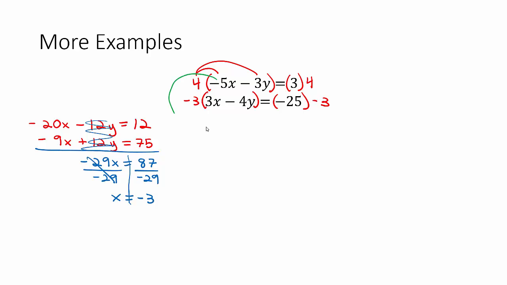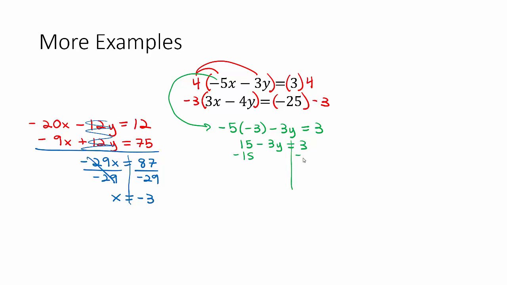I'm going to use the one with the smaller numbers just because I hope that'll be nicer. Negative 5x, which is negative 3, minus 3y equals 3. Well, negative 5 times negative 3 is positive 15. Minus 3y equals 3.